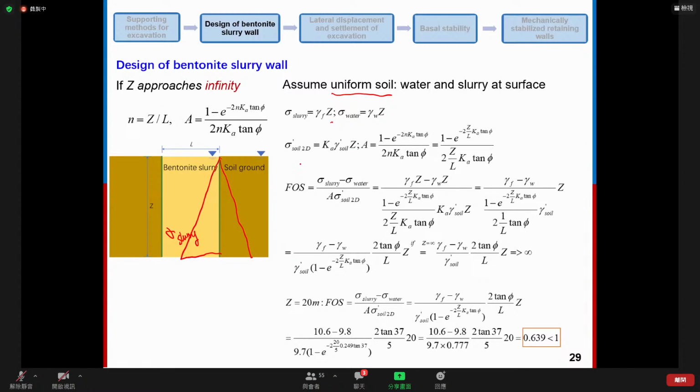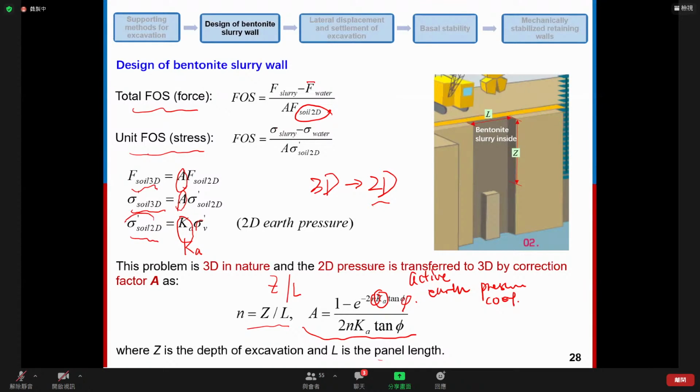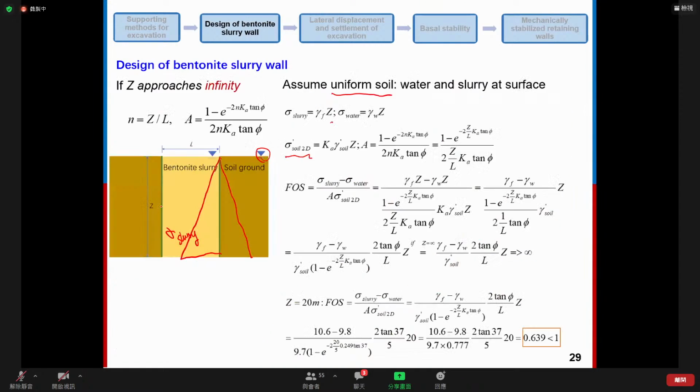Okay, and then we calculate the horizontal earth pressure distribution. Because this is below the water table, we use effective stress. So for the sigma soil 2D, we can use this equation. We have active earth pressure Ka, and the effective vertical stress equals the gamma soil times the depth.